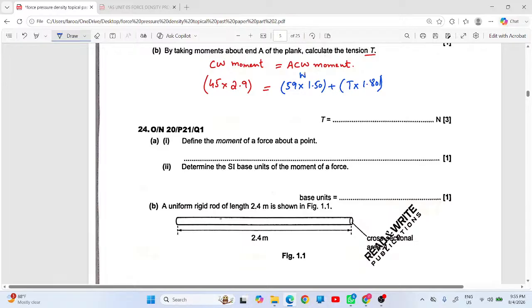This is weight, this one is the tension and this one is the force. अब चेक कर लें क्या आता है आंसर. 45 into 2.9 करेंगे आप, माइनस 59 into 1.5 करेंगे, divided by 1.80, क्या है, 23.333. So 23 is the tension.